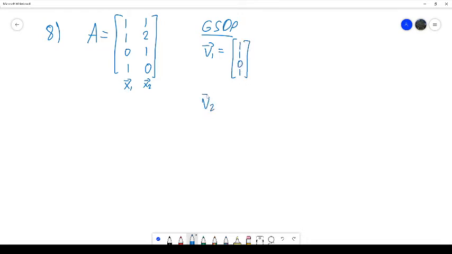And v2 is going to be x2 minus the projection, mixing up the order here, of x2 onto v1. Yeah, so of the original vector here onto this v1 vector. So the dot product first of x2 and v1 is 1 plus 2, I think that's it, so that's 3.